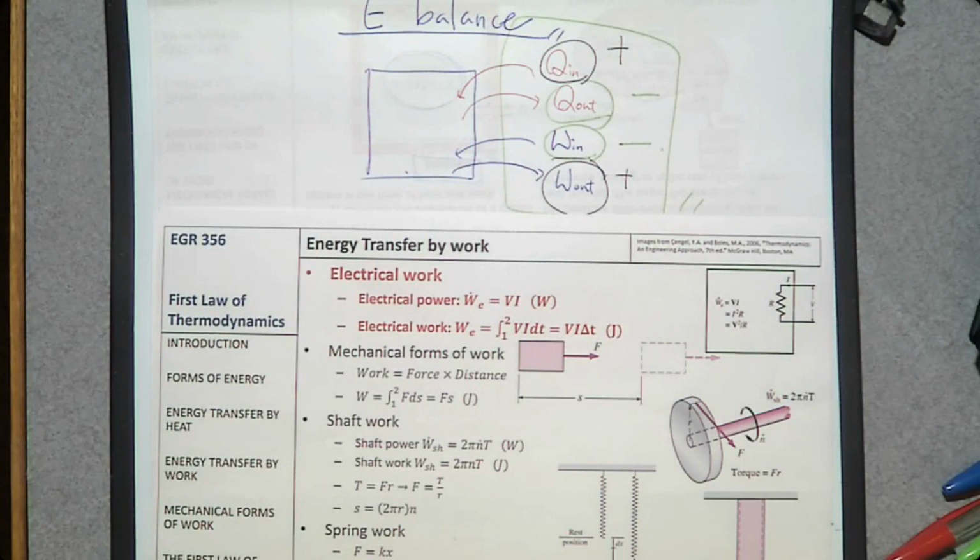What we are going to use most in thermodynamics is electrical work. Electrical work can be determined by voltage times current times time. If you want to determine electrical power, you divide this electrical work by time t, so it's going to be voltage times current. The units are watt and joule.